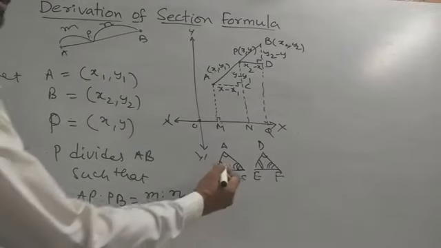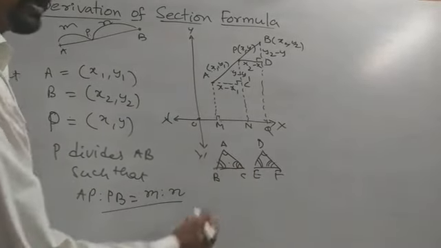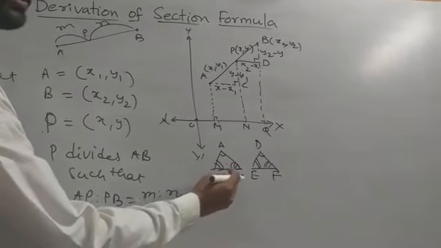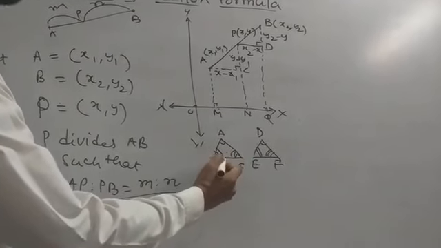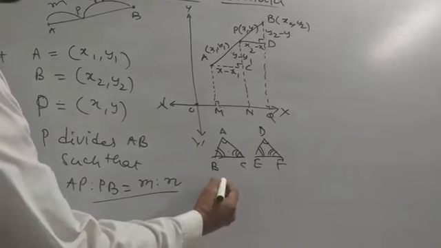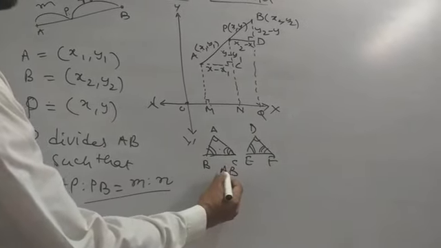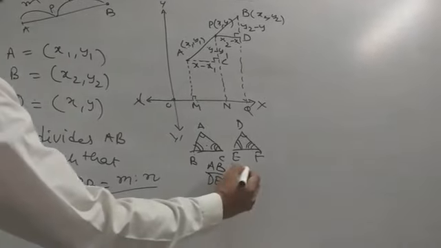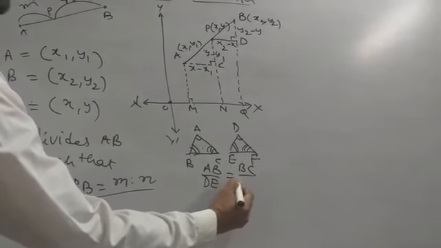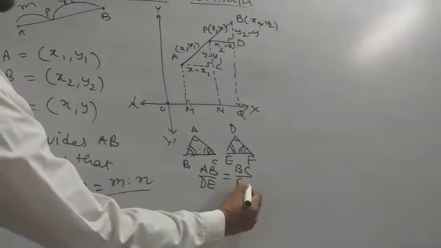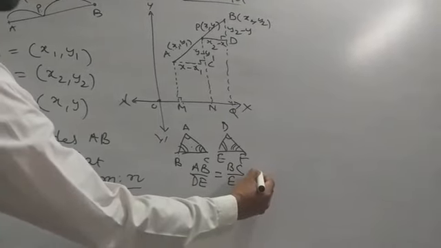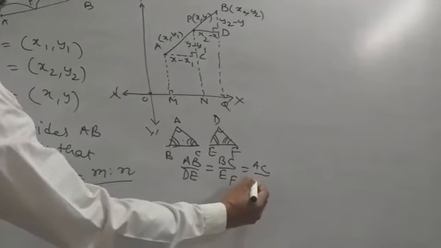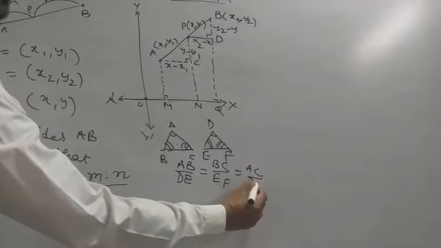This is AAA similarity. If they are similar by one criterion, then their corresponding sides are in the same ratio. That is, AB by DE is equal to BC by EF is equal to AC by DF.